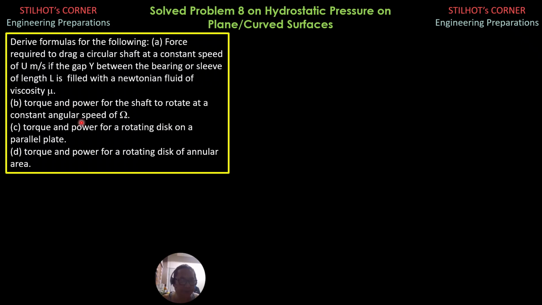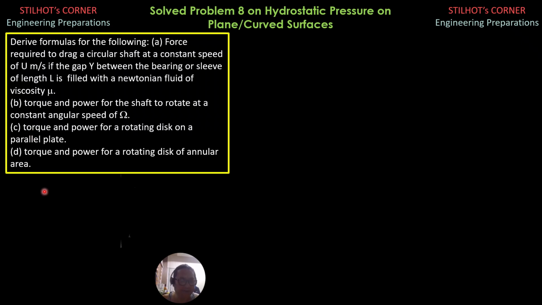Letter B, torque and power for the shaft to rotate at a constant angular speed of omega. Then, torque and power for a rotating disc on parallel plate, and torque and power for a rotating disc of annular area. So it is related to C.